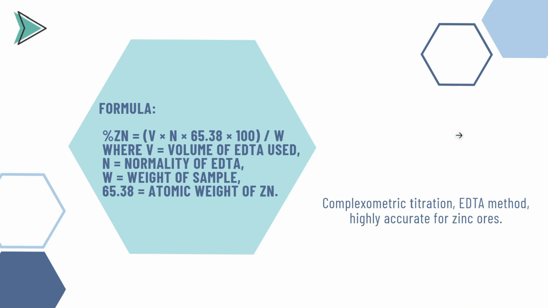Complexometric titration is highly accurate for zinc ores. In summary, zinc assaying is carried out using complexometric titration with EDTA. This method is precise, reliable, and widely applied in analyzing zinc ores such as sphalerite.